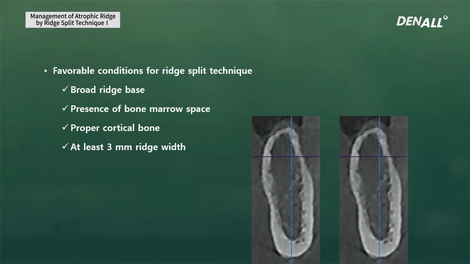If it falls under the right indication, you can use the technique. For ridge split, it is important to make a favorable condition. You can use the ridge as is, but you can also make the indication right.